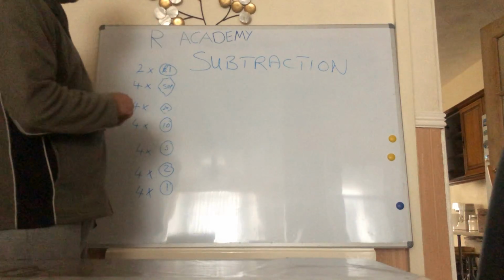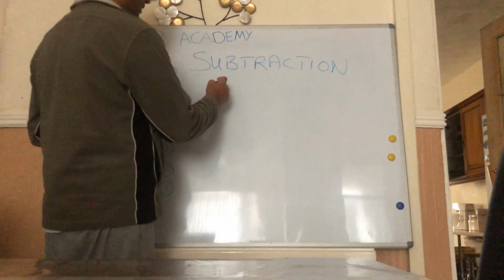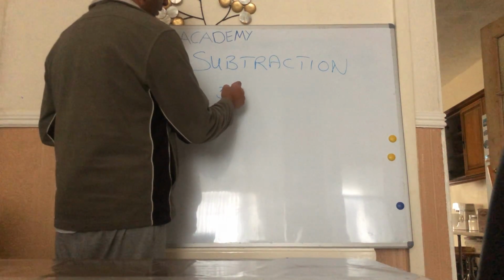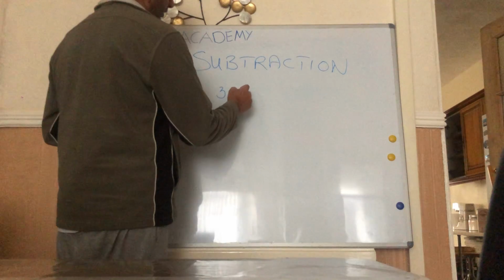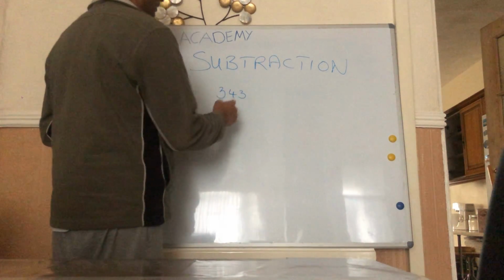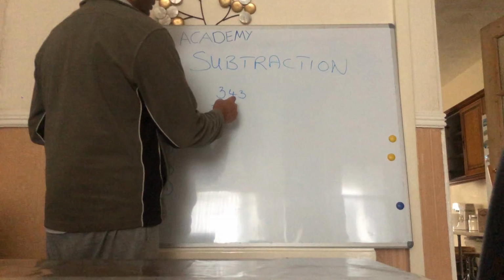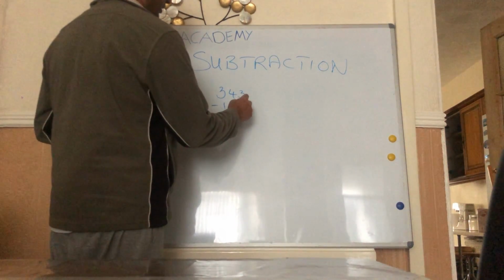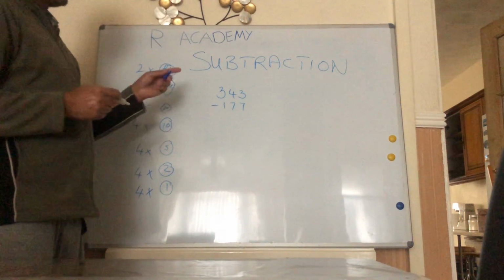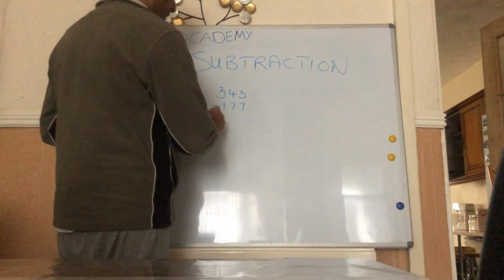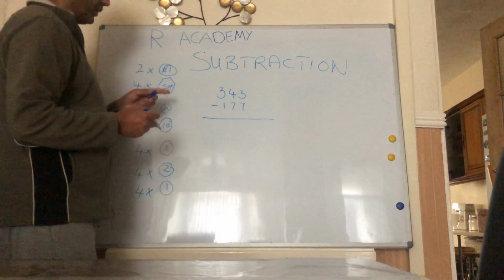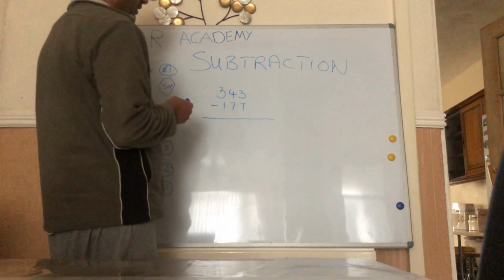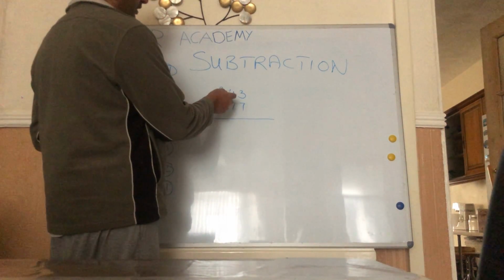You could follow money if you wanted to, but when it comes to numbers like, say for argument's sake, 343 minus 177, there's two methods of doing this. The one method, which is what kids do now in school, is they borrow 1 from the side and cross it off.